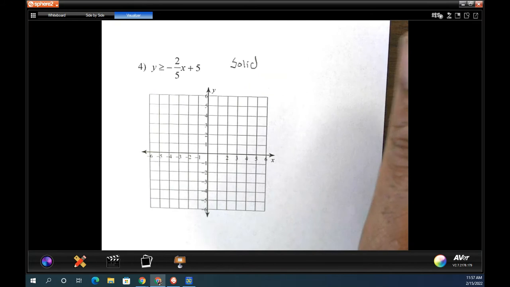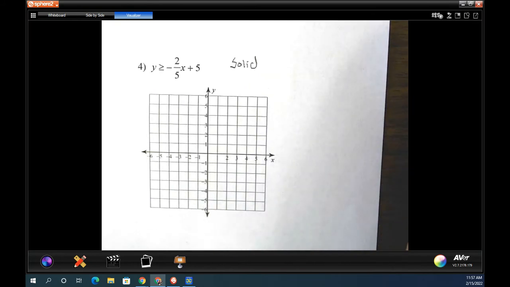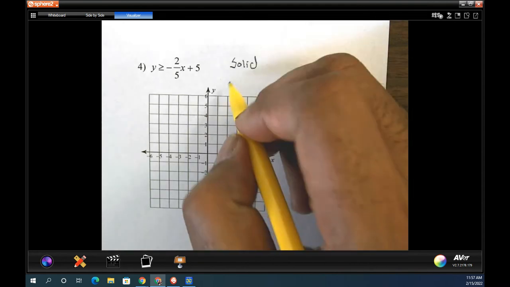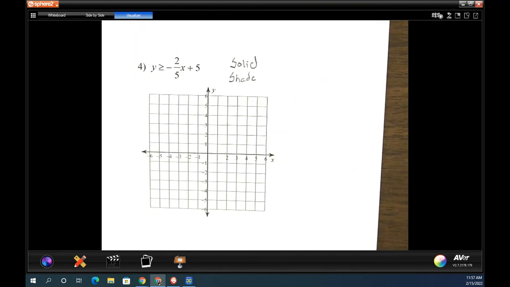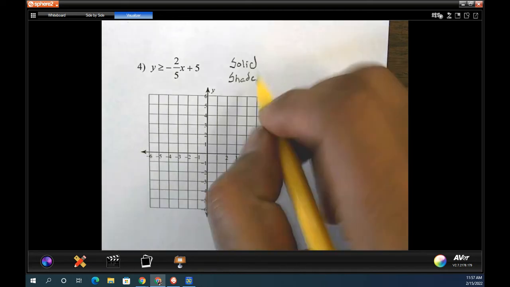Where are we shading there, Liliana? Where do we shade? Oh, look at your comp book again. Yes, above.